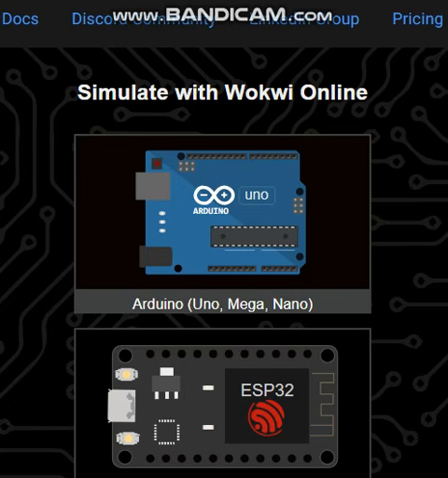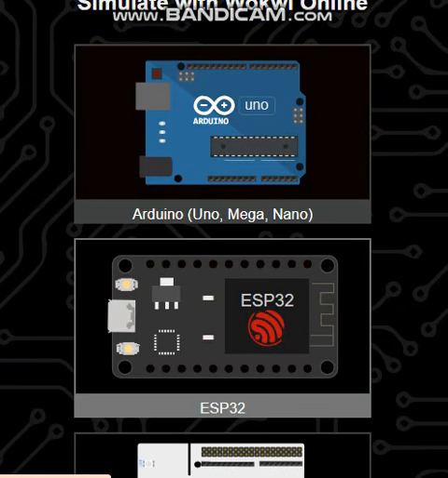So we will start with the Wokwi ESP32 example to blink an LED. The objective of this work is to blink an LED using the ESP32.